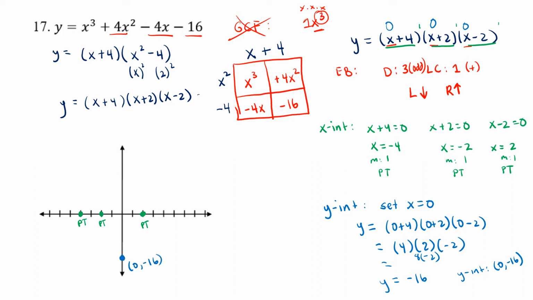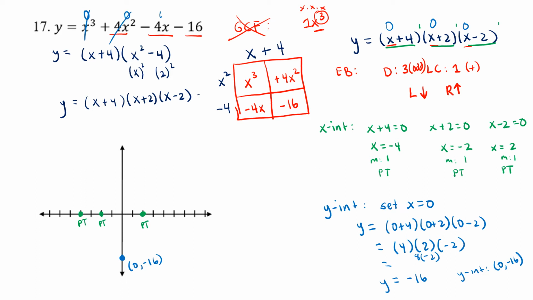Now, before we finish this off and actually graph it, notice how anytime they give us our equation in standard form, do you notice something about the y-intercept? We just got 0, -16. Look at this last term here that doesn't have a value of x. It's -16. It's because when we have this equation in standard form, it's really nice and easy to find that y-intercept, because if we're just replacing x with 0, everything here, 0 to the power is 0. 4 times 0 to the second power is 0.